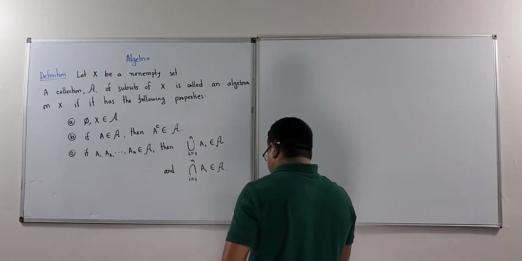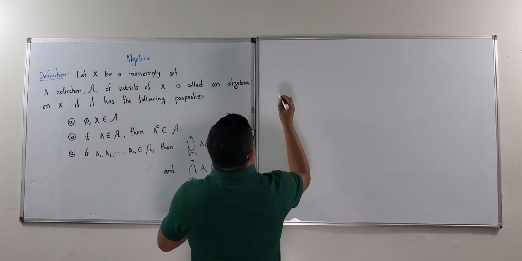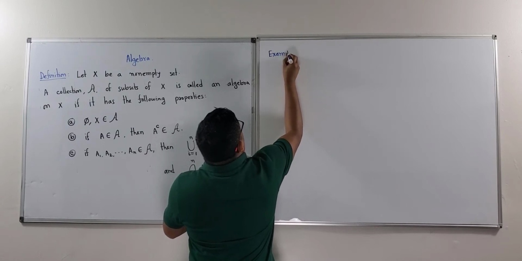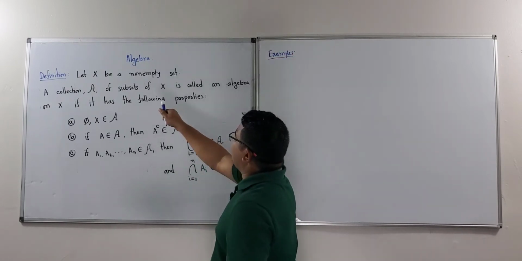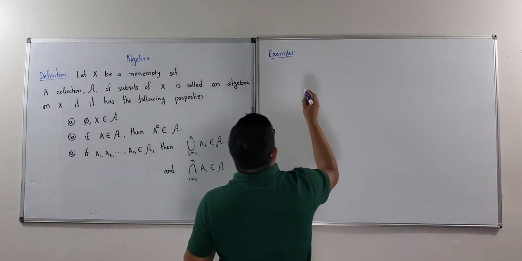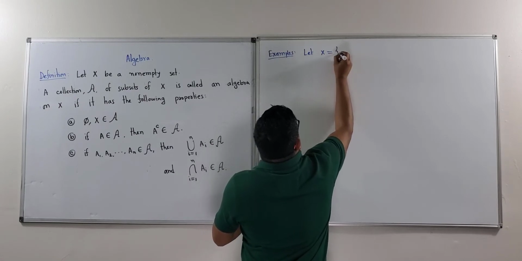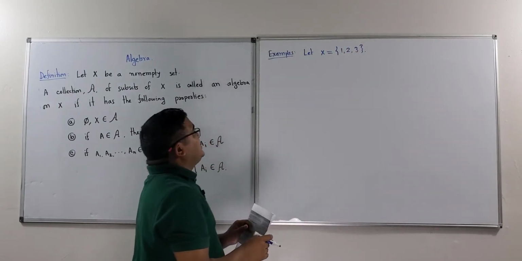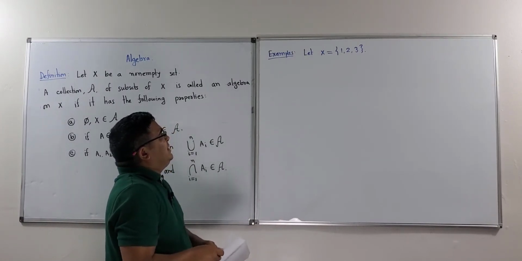So our first example would be, to discuss some examples, we need to consider a non-empty set X. So let our non-empty set X be {1, 2, 3}. Our non-empty set X has 3 elements, 1, 2 and 3.